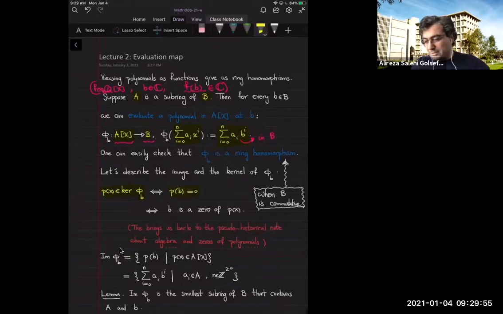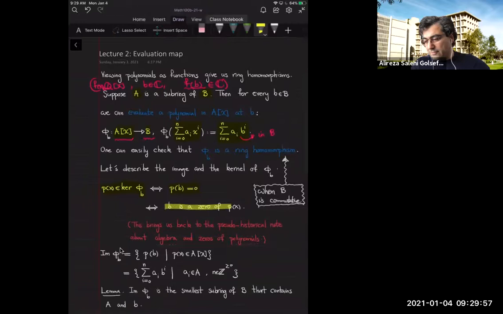That means b is a zero of this polynomial. And it's not surprising, going back to our pseudo-historical note, that there is a connection between the kernel of evaluation maps and zeros of polynomials. Okay, so now what is the image? Image means I have to evaluate polynomials at b.